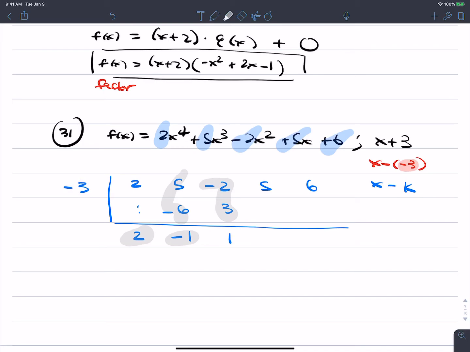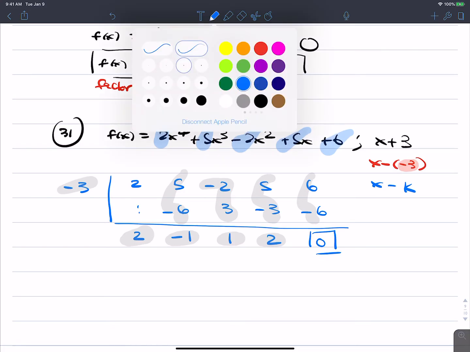We repeat the process. Negative 3 times 1 will give you negative 3. 5 minus 3 is 2. We repeat the process. Negative 3 times 2 will give you negative 6. And then 6 minus 6 is going to be 0. So that remainder here is 0.